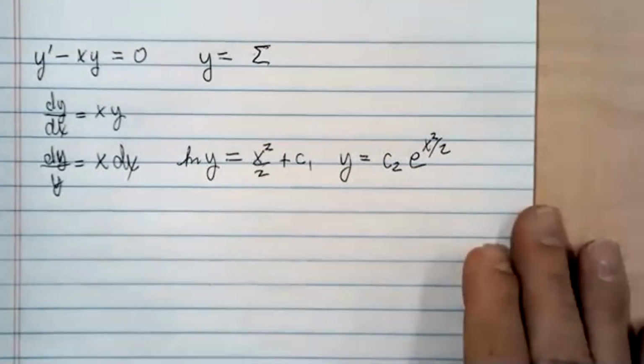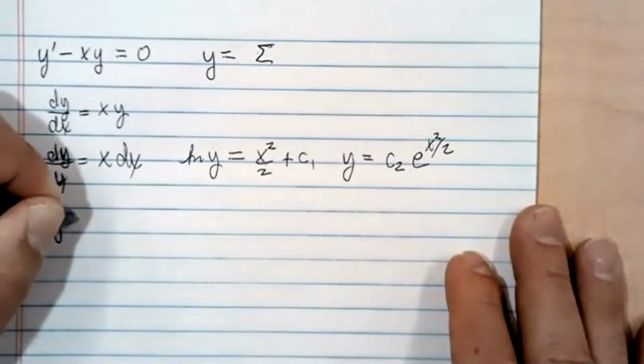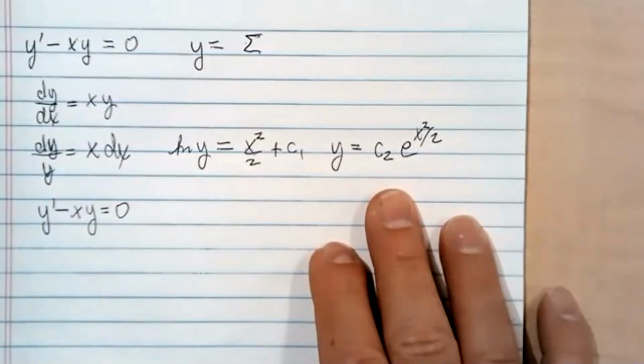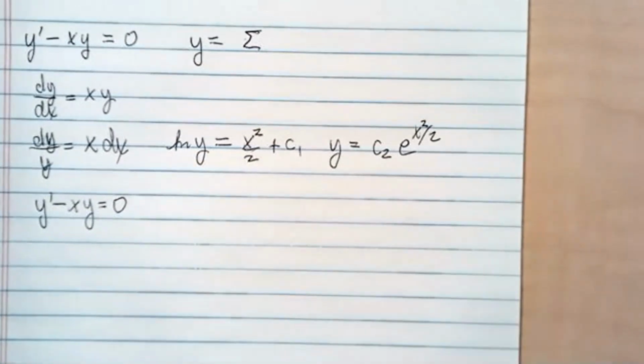The more challenging part is starting from here, y prime minus xy equals 0, and duplicating that effect. Sometimes you have a little trouble recognizing the series, and for a lot of people that is a very significant step in the process.